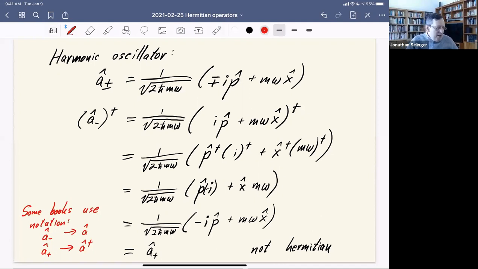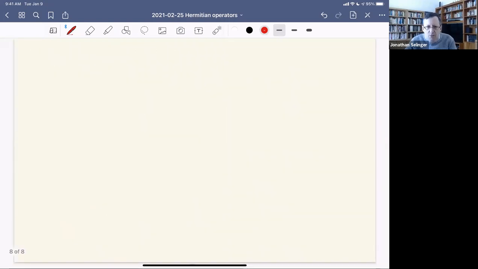Now let's calculate something. I want to actually find something useful here. What can I calculate? I want to use this as a way to think about uncertainties.